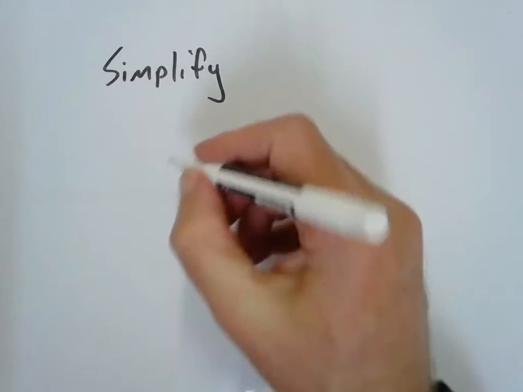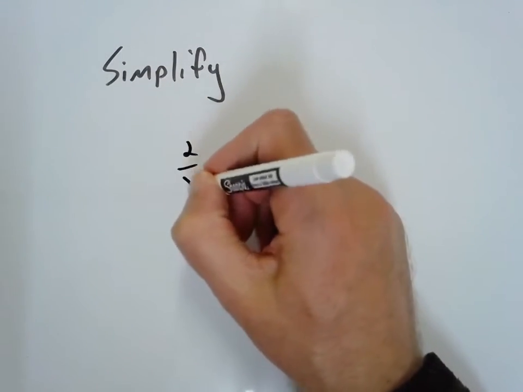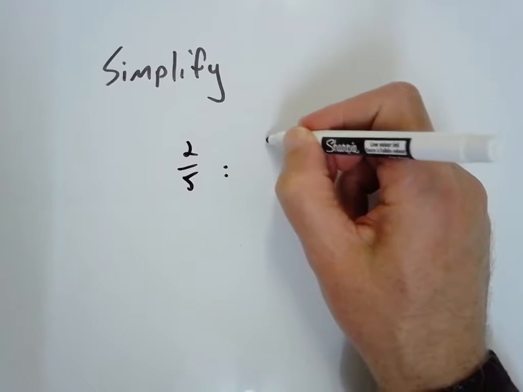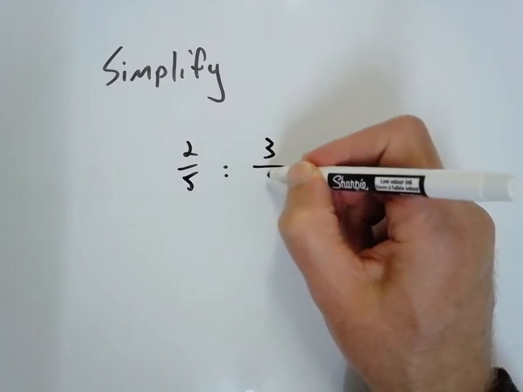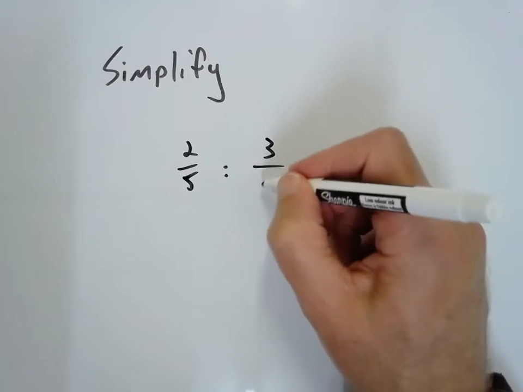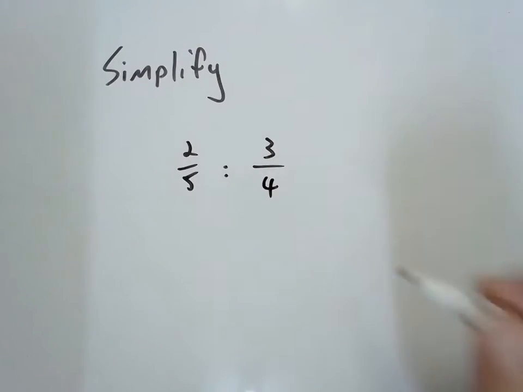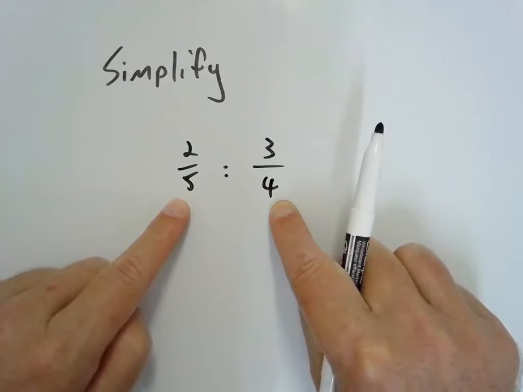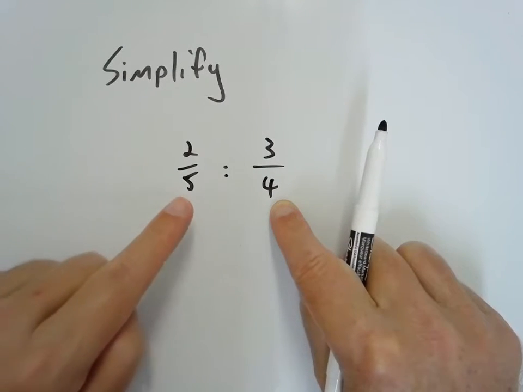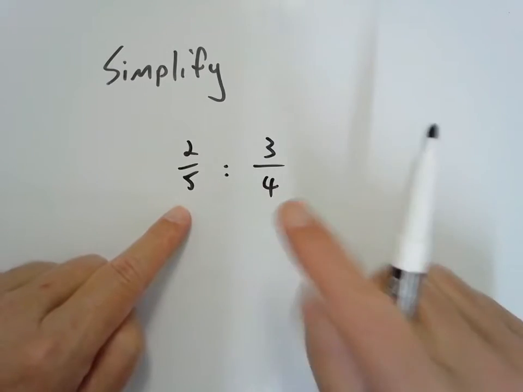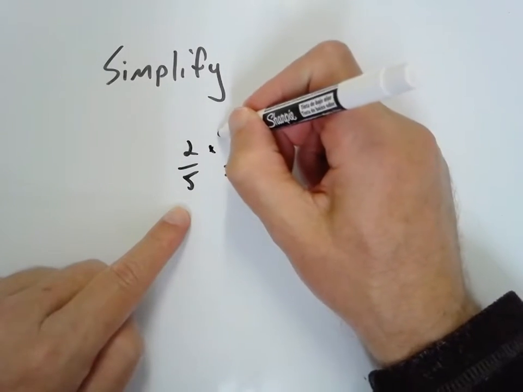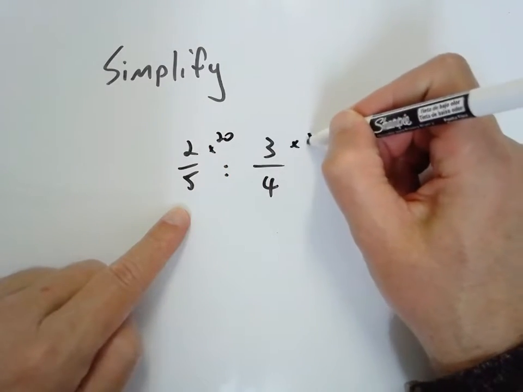Same thing with the fraction. 2/5 is to 3/4. We don't want fractions in there. So what am I going to multiply by? Oh, I've got a 5 and a 4. How about I multiply both sides by 20?